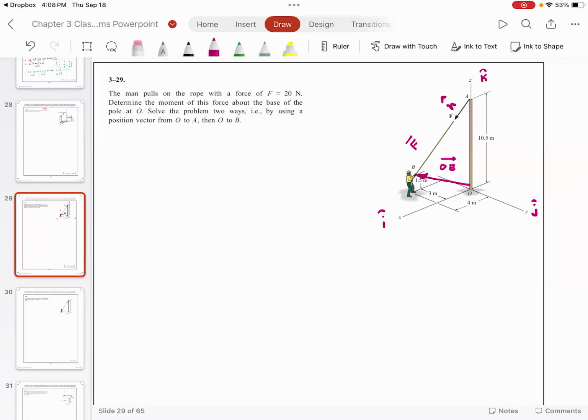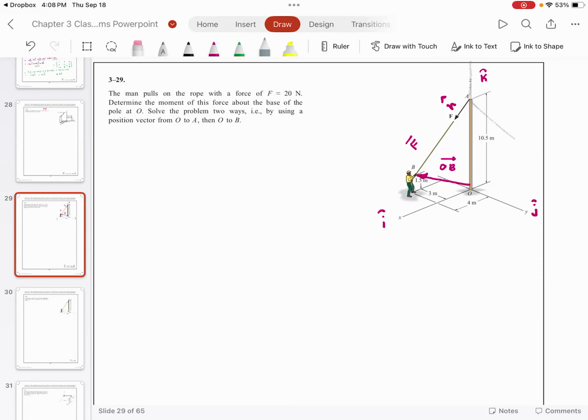So for that, I'm going to start like this. Take this coordinate system, and for the sake of discussion, move this coordinate system over here. There are multiple ways of doing this; I'm just going to show you one technique.